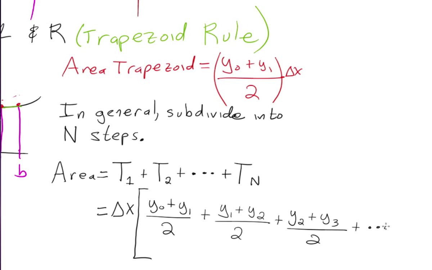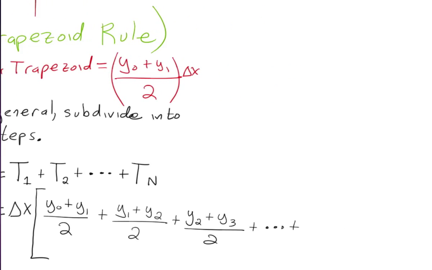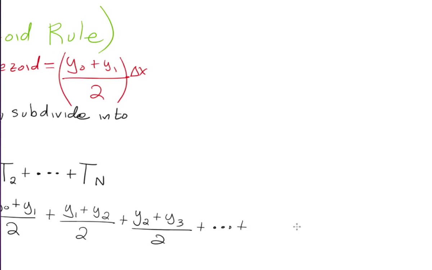Plus... So the very last one, let's do the last two. What would the very last one be? Y sub n minus 2 plus y sub n minus 1. Wait, is that second to last or last?